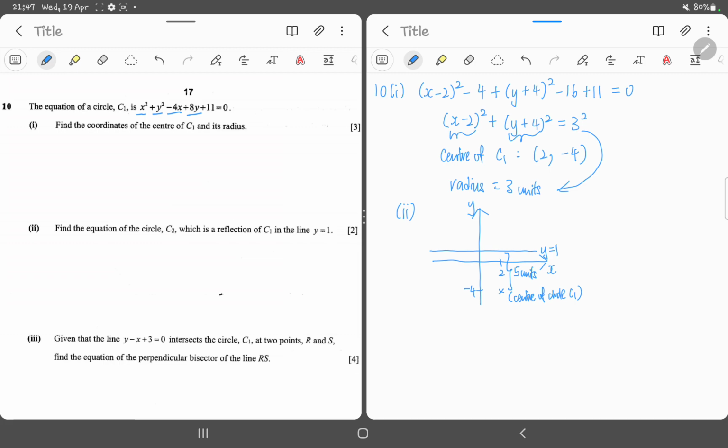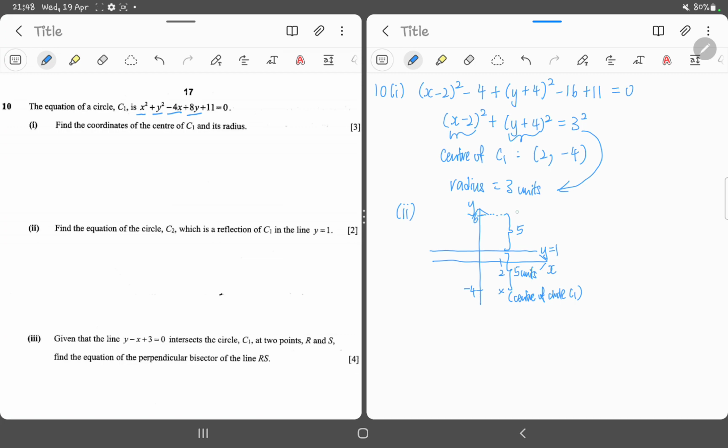Since the circle C2 is a reflection of the circle C1 in the line y equals 1, the y coordinate of the center of the circle C2 must also be 5 units away from the line y equals 1. So we take 1 plus 5, we get 6.